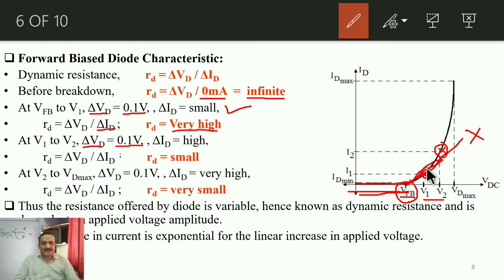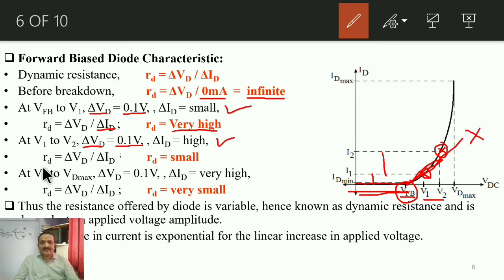Clear? In the first case, it was from ID min to I1, and that change is very small. Now in the second case, the change is somewhat more. You can observe over here that the change in ID is somewhat more as compared to the change in ID over here, and that's why I mentioned delta ID as high as compared to the previous case.